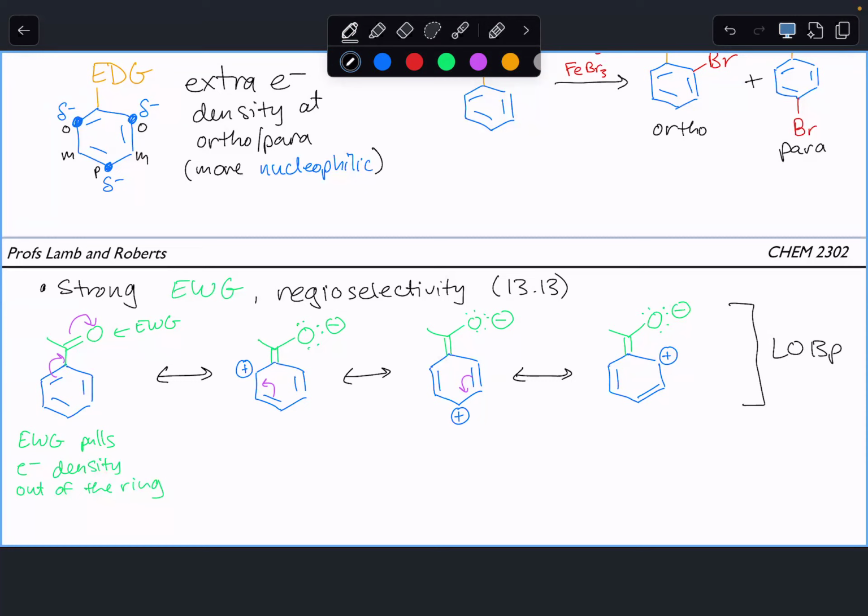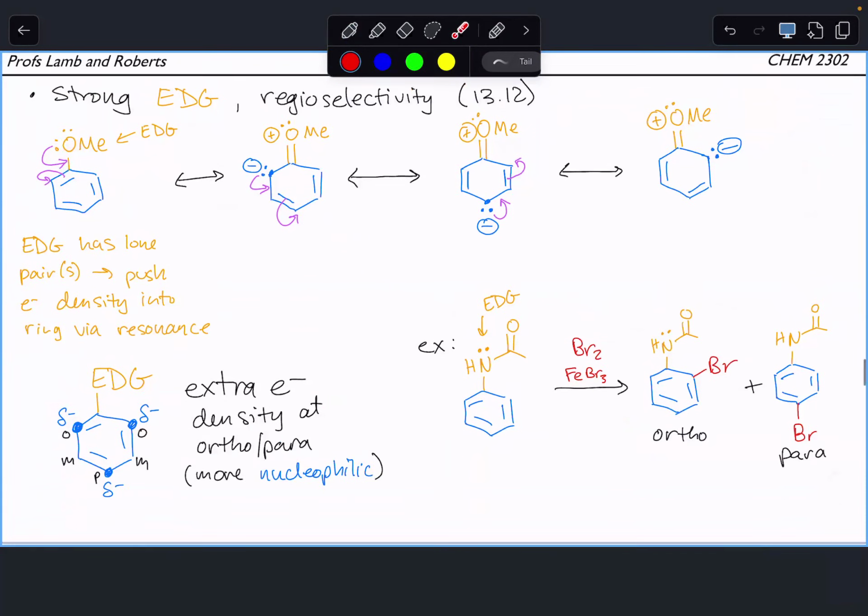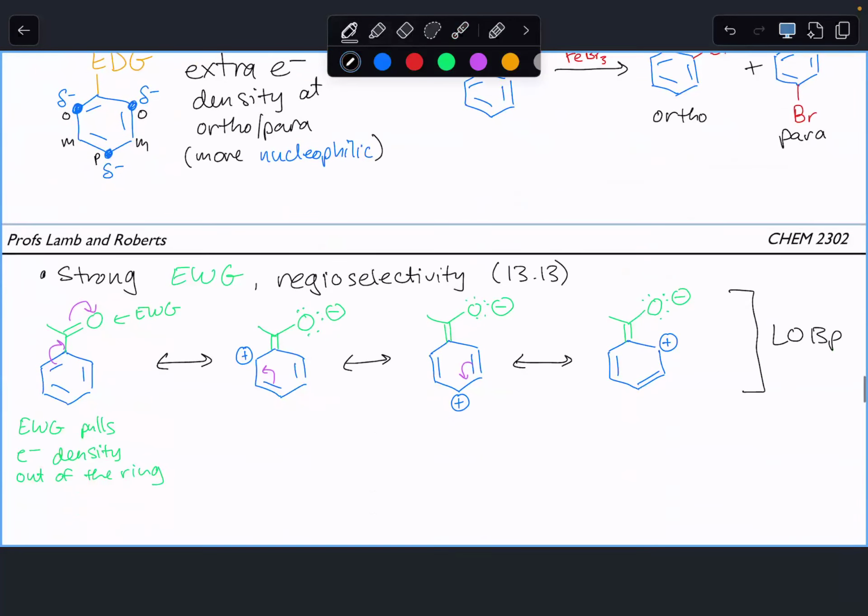How can you tell the difference between whether an oxygen is going to be an electron donating or withdrawing group? It's where it is connected. Up here, the oxygen was directly connected to the ring, so the lone pair can push down into it. Here, if we draw where the lone pairs are, they're up here. I can't push that into the ring because it's not attached to the ring.